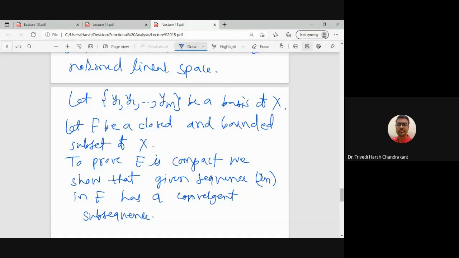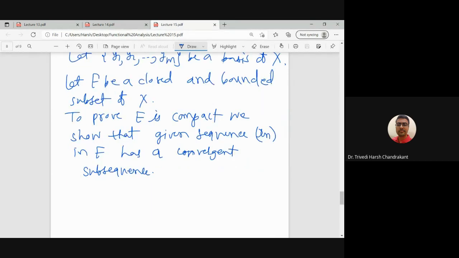So xn is a sequence in E, but E is bounded. So if E is bounded, xn itself is bounded. So let us start with the decomposition of xn. We know that each xn we can write as a linear combination of the basis elements y1, y2, ..., ym.